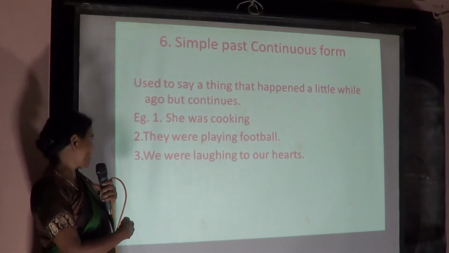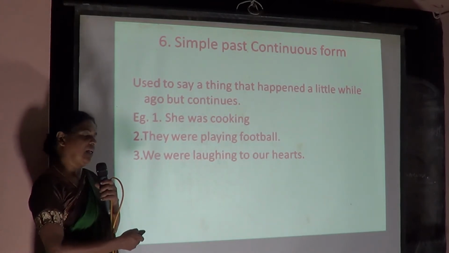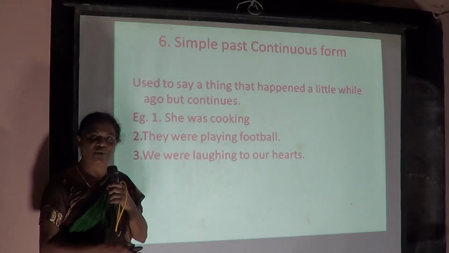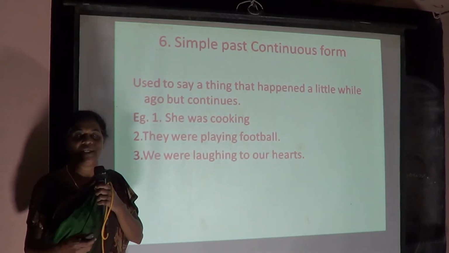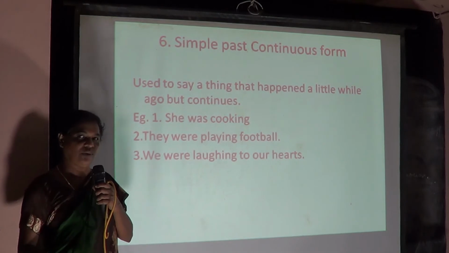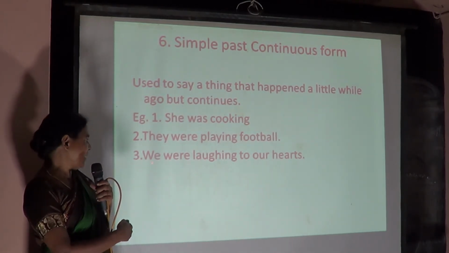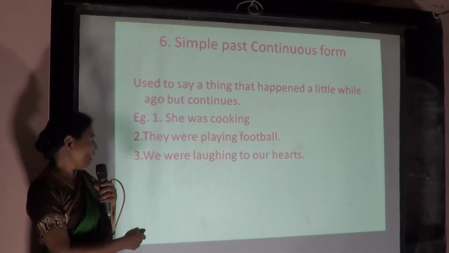Okay. Now the third example here is, we were laughing to our hearts. You watch some cartoons or your friends crack a joke or something like that, you laugh to your heart. So during such time you were laughing to your hearts. So the sentence here is, we were laughing.